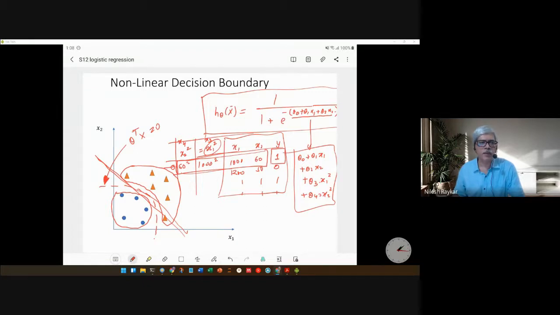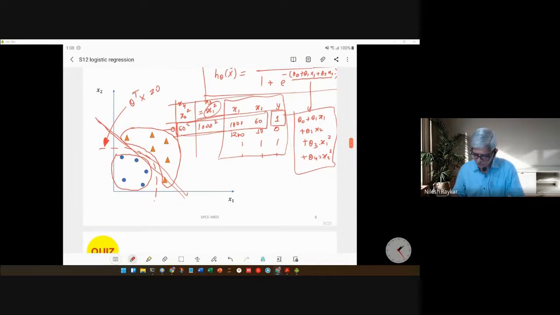You cannot assign it to either class 1 or class 2. So that's why it is called a decision boundary. Okay, any questions here? Some quiz is coming up.